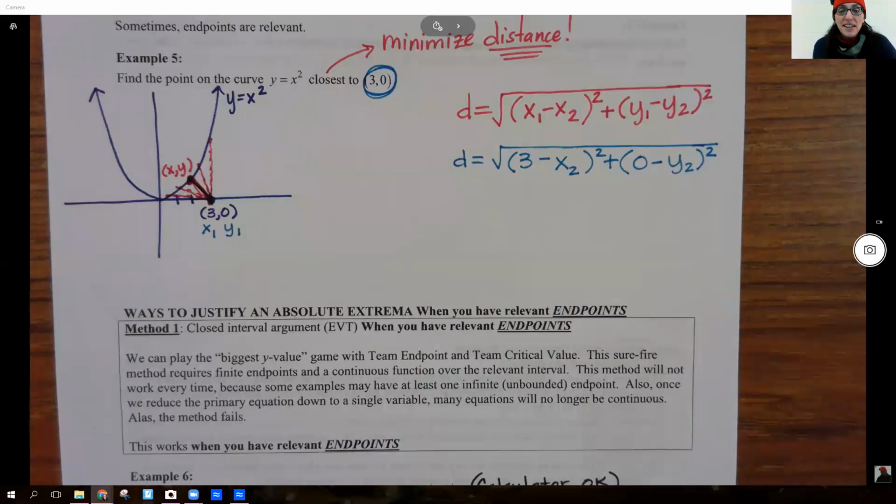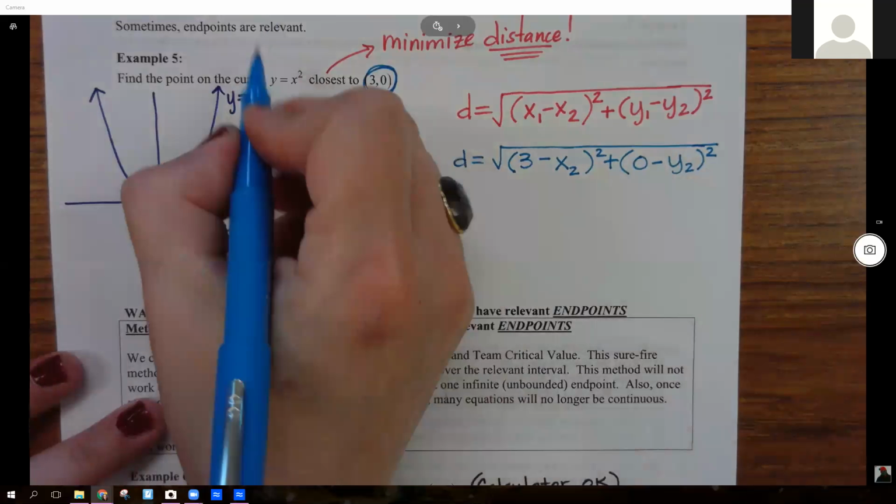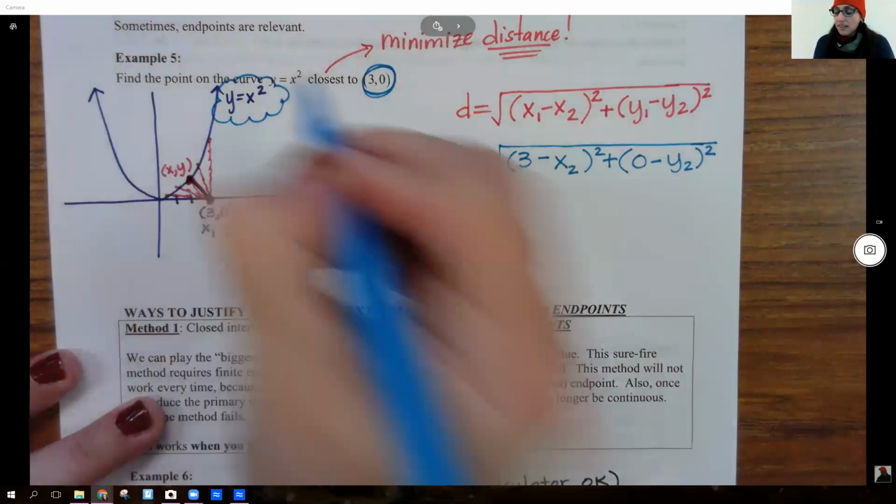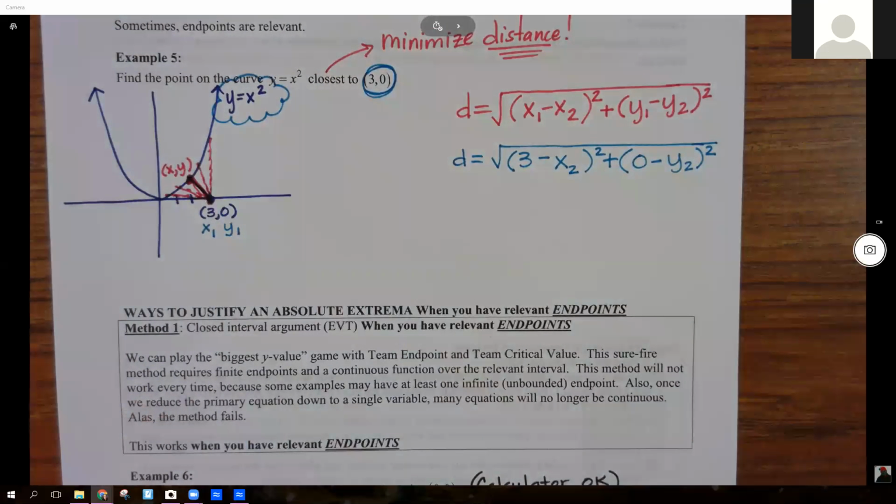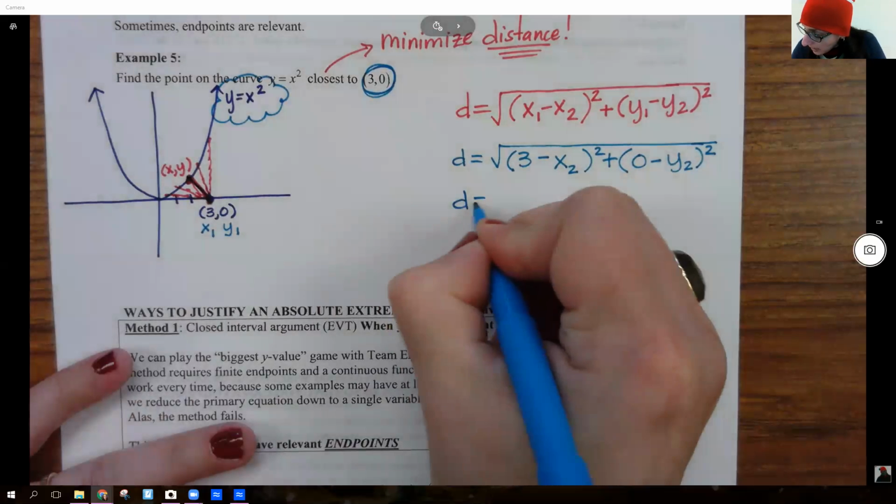Oh, go ahead, somebody, I think you're both talking at the same time. It's okay. Somebody say what you were saying. Y equals x squared. Yeah, right here. Everywhere you see a y, put in the x squared. Perfect. There you go.